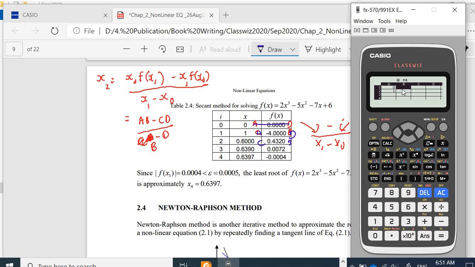So now I'm going to key in the function formula into cell B1 for the f(x0).